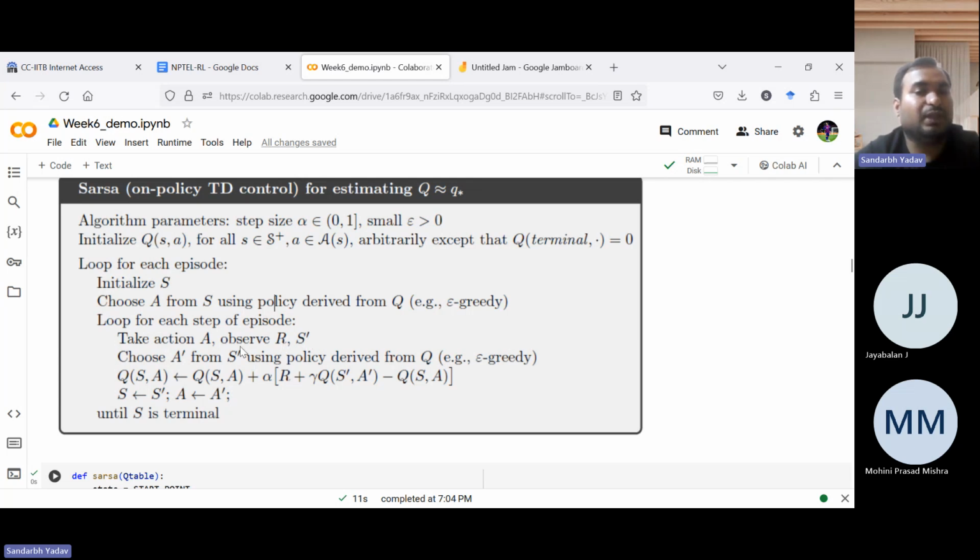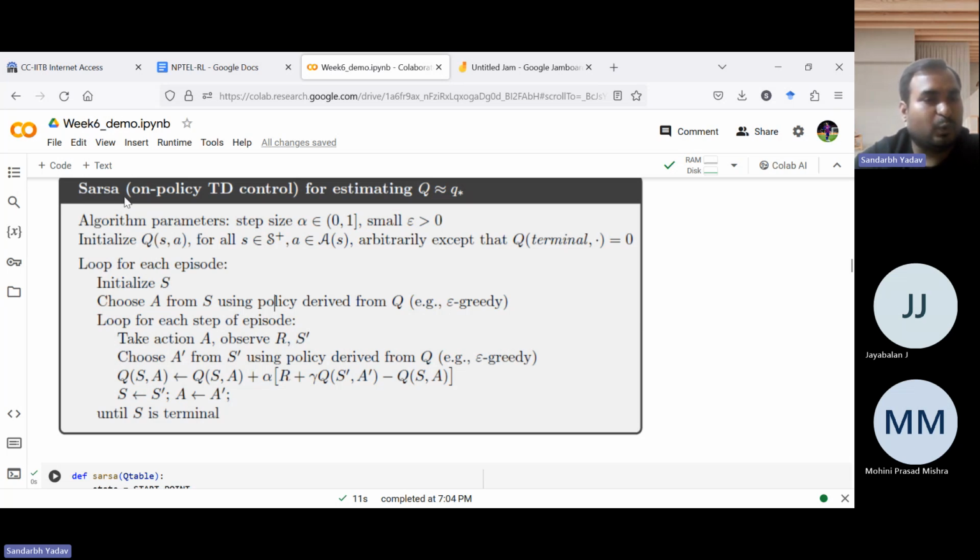Now you have observed the reward and the next state. Now you can choose action A dash from this new state, because SARSA is on policy. If something is on policy, you need to know what is happening in this next state also. The SARSA name is derived from state, action, reward, next state, and also the next action.